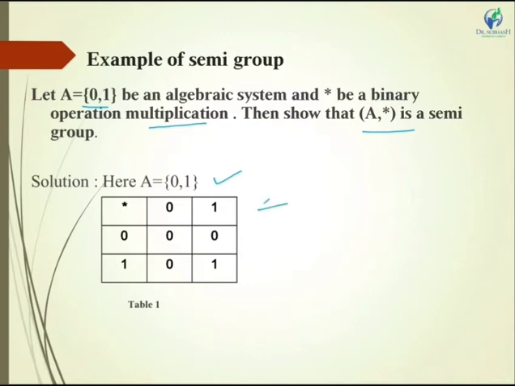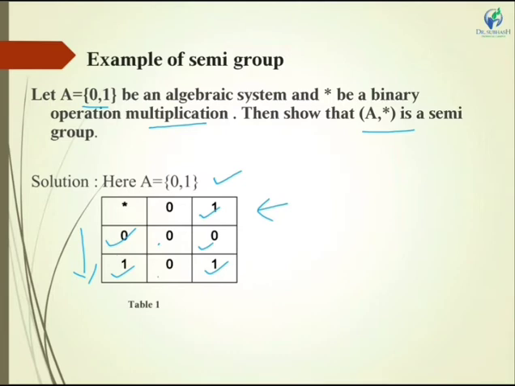So both the elements of A I am putting in the first row and first column. Now since the operation is multiplication, I will multiply the respective elements. Here 0 into 1 is 0, 1 into 1 is 1. Same way this 0 we will obtain.